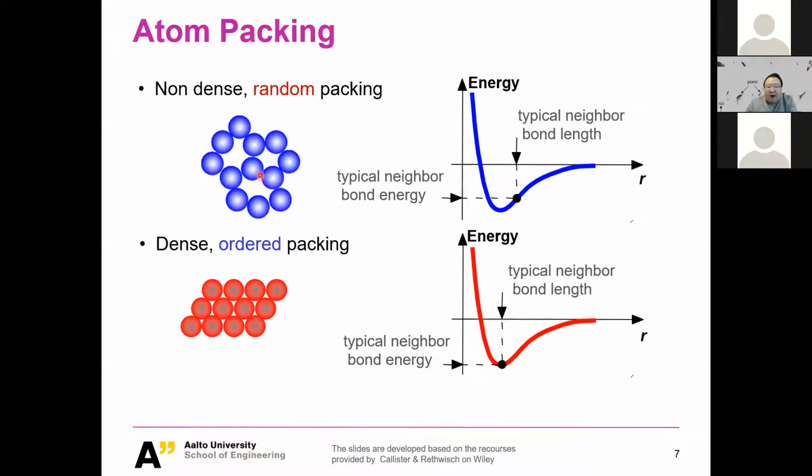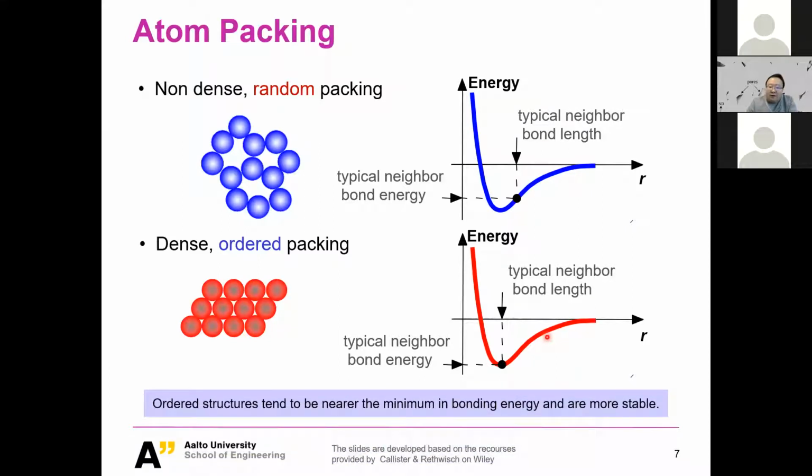And with this larger distance, this loose density, you are actually increasing the bond length. That will lead to a higher energy in the end. On the contrary, if we go with close packing or ordered packing, basically we're coming closer to this lowest energy minimum. So that is the reason why our atoms are packed mostly in an ordered way, because that will make the material stable.